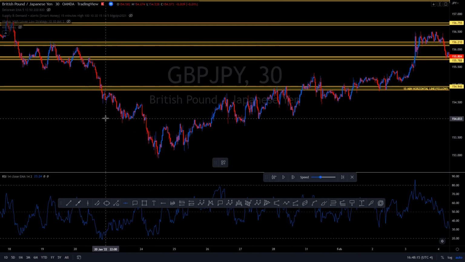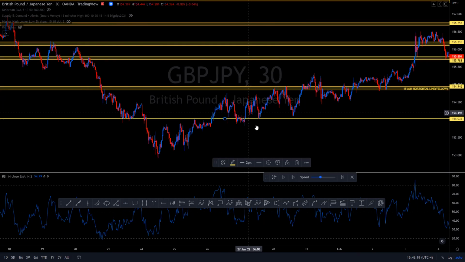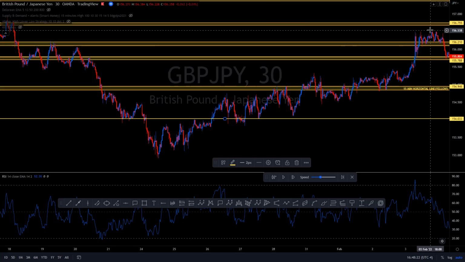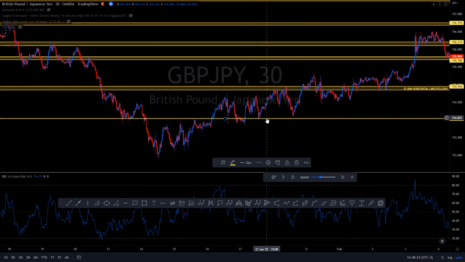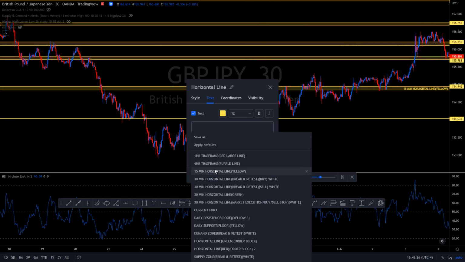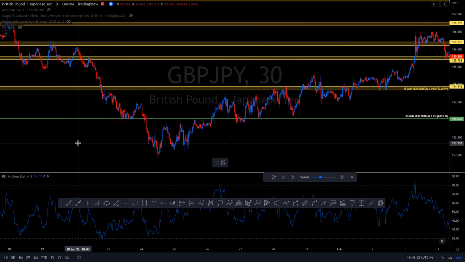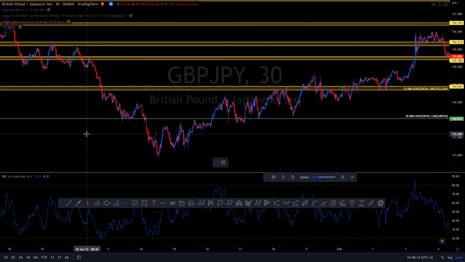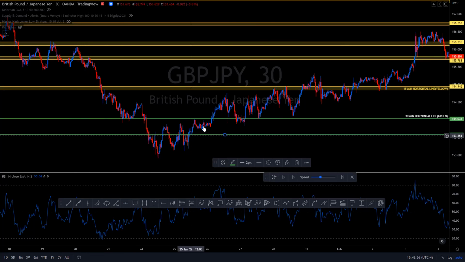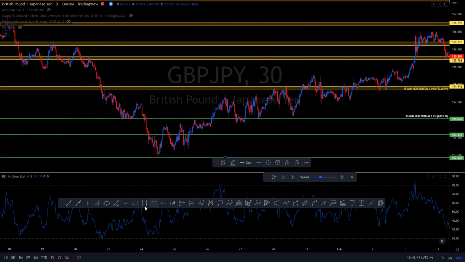So I would say that this is some good market structure here. Price hit this area quite a bit and made it go all the way up to here. So we want to make this green. Good area here. Good area there.